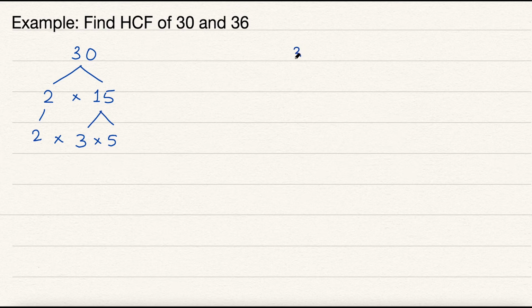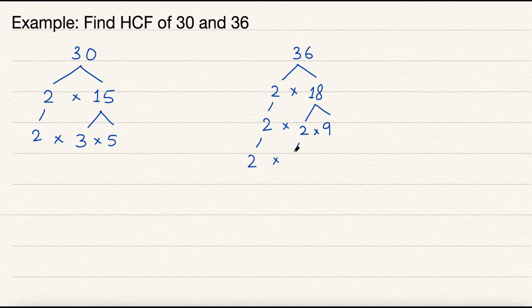Let's express 36 as a product of prime factors. 36 is an even number. 2 times 18 is 36. 2 is a prime number, so you will copy it as it is. Copy the multiplication sign and express 18 as a product of numbers. 18 is divisible by 2. 2 times 9 is 18. 2 is a prime number.